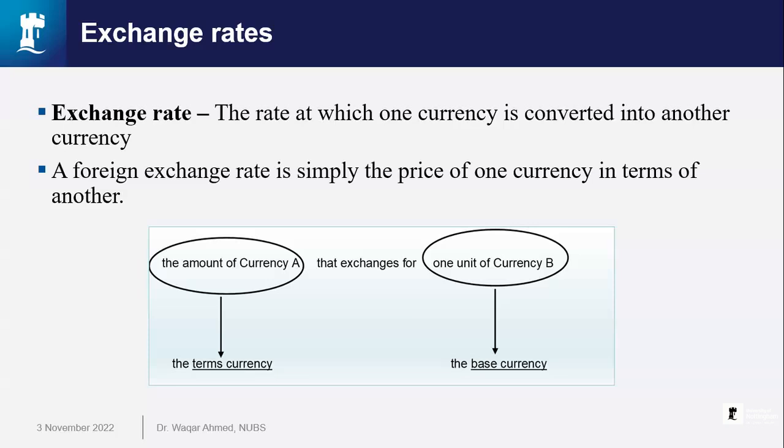The currency that's represented as 1 unit is what we call the base currency. And the other currency that's quoted in terms of the base currency is what we call the terms currency.